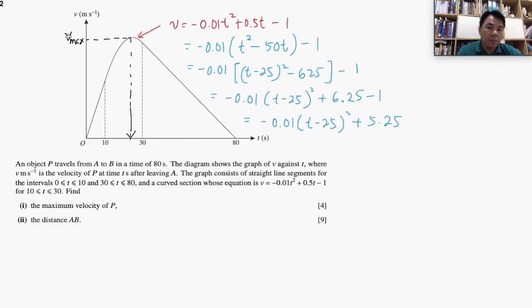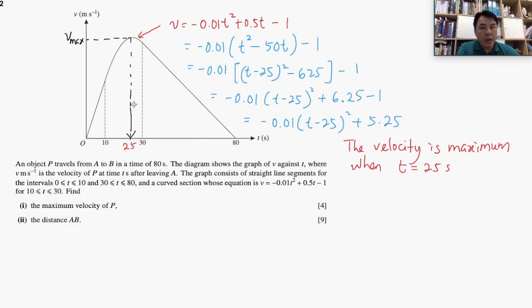So from here, we can conclude that the velocity is maximum when t is equal to 25 seconds. So we can find that the velocity is maximum at t equal to 25 seconds.